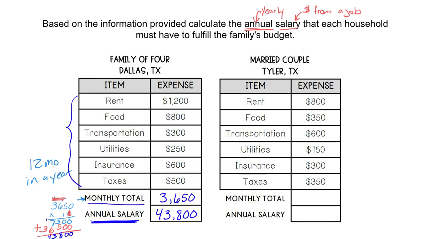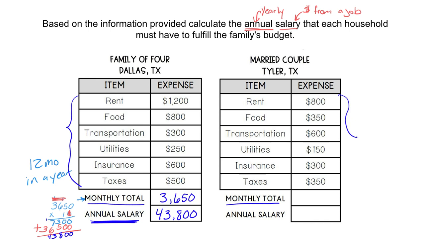Now we're going to do the same thing with the married couple in Tyler, Texas. Their rent's only $800. Their food cost is a little bit cheaper at $350. Transportation is $600. Utilities are only $150. Insurance is $300, and taxes are $350. So first I need to figure out the monthly total.